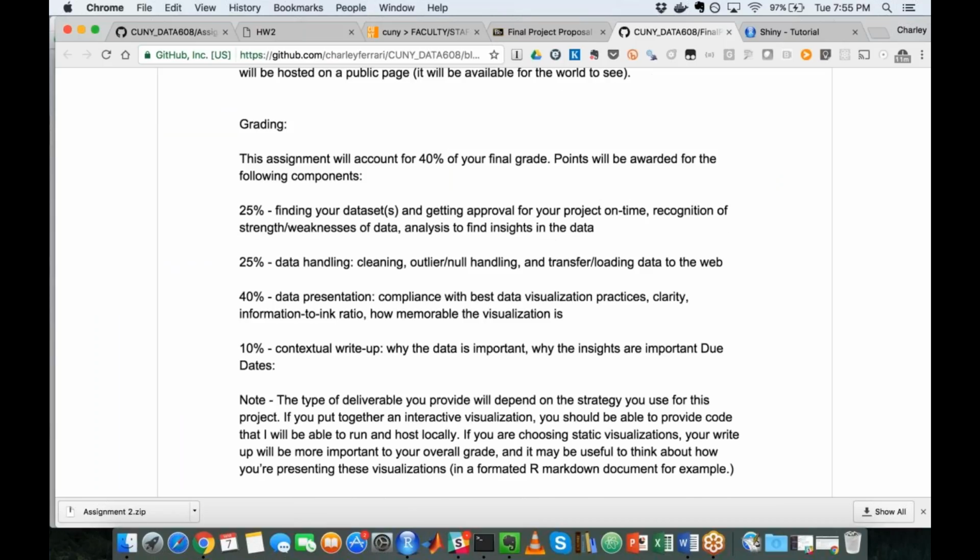the type of deliverable is going to depend heavily on the strategy you use. That means which technology you use, like whether you're using JavaScript, D3, Plotly.js, or Shiny, and whether it's static or interactive.